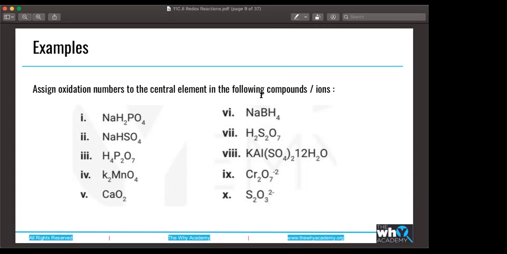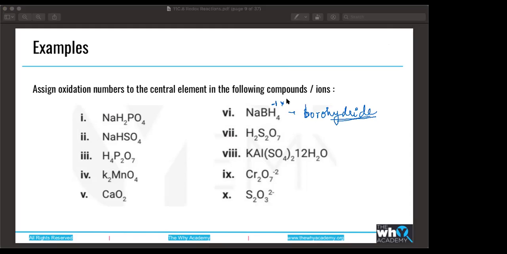Yeah. So NaBH4 is actually sodium borohydride. In NaBH4, because it is a hydride, the oxidation state of hydrogen should be taken as -1.